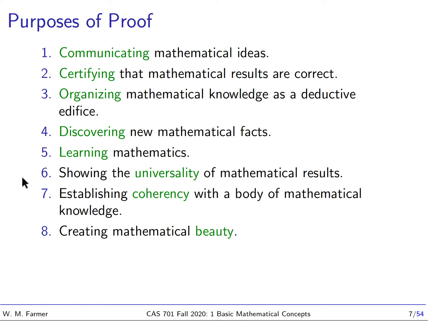The way this happens is we state a conjecture, we try to prove it, we find out that the proof shows the conjecture is false, but the proof often indicates how we can fix the conjecture. So the proof helps us discover the correct conjecture, not the one we originally started with. Proofs are very useful for learning mathematics. The best way, by far, to learn mathematics is to read and write proofs. Proofs also are a way of showing the universality of mathematical results.